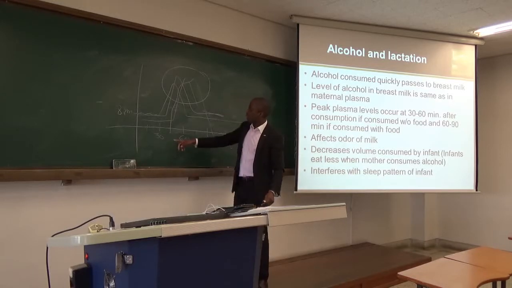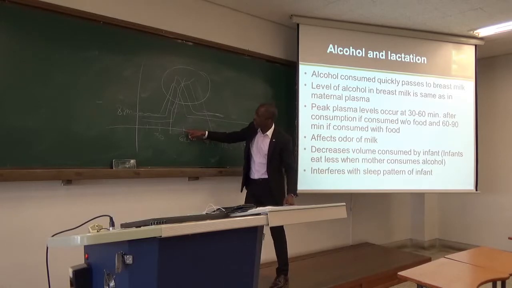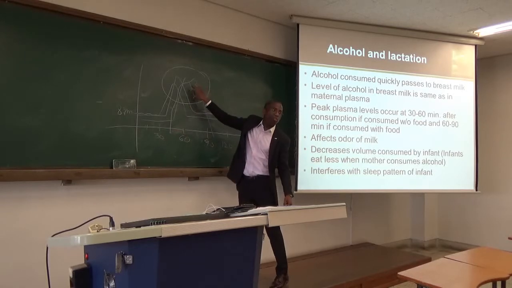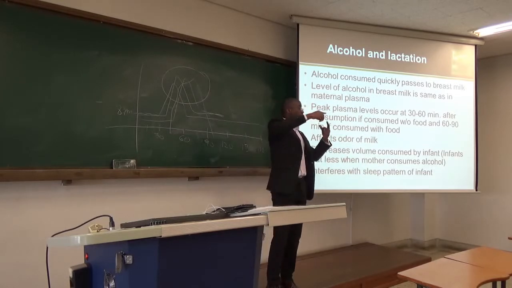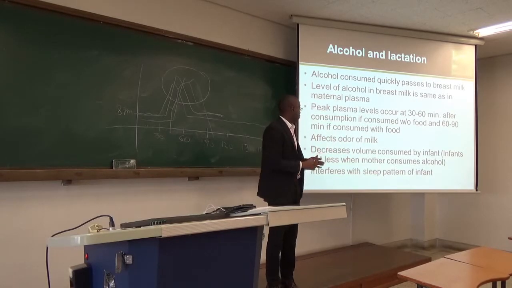So between 30 minutes and even 60 minutes, even 30 to 90 minutes, we have all this concentration of alcohol in the body that is not outside of the body. Because the peak keeps on going, and then you start just feeling a little bit dizzy. This is how we become drunk, right?